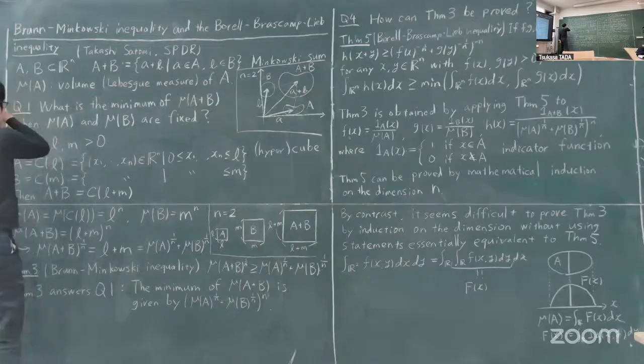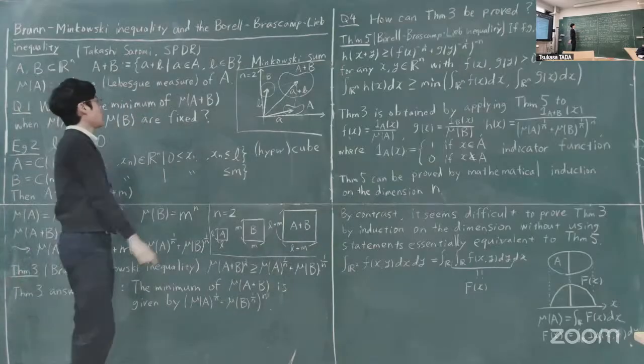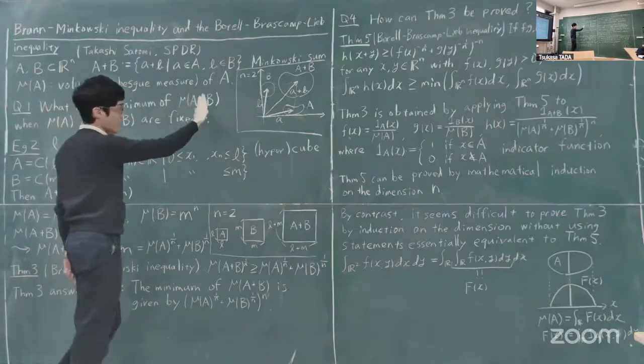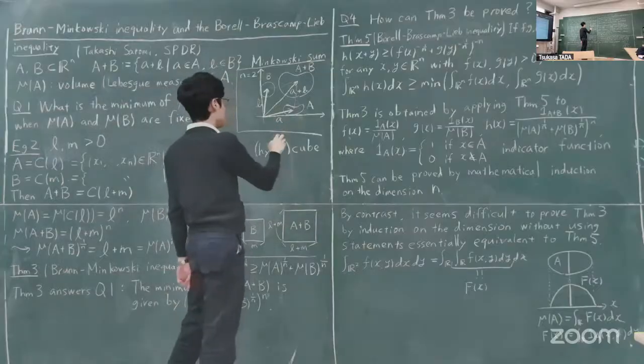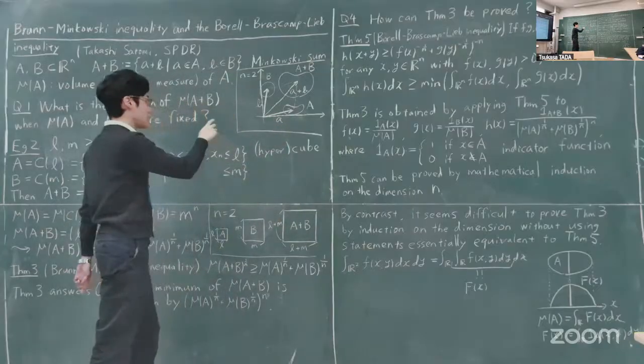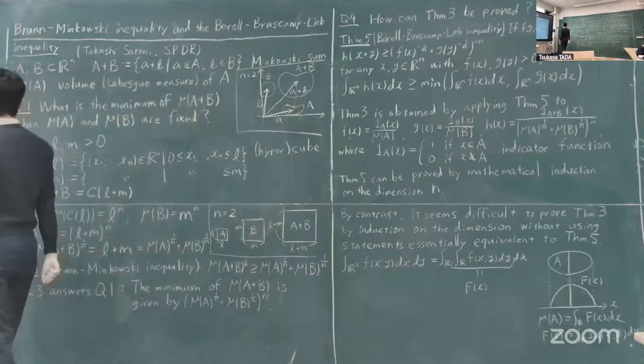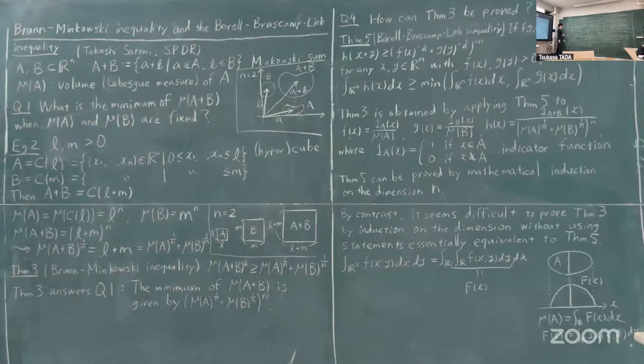Then we write mu(A) for the volume of A. Precisely, it is called the Lebesgue measure of A. In the two-dimensional case, mu(A) is the area of A. Then we consider the next question.